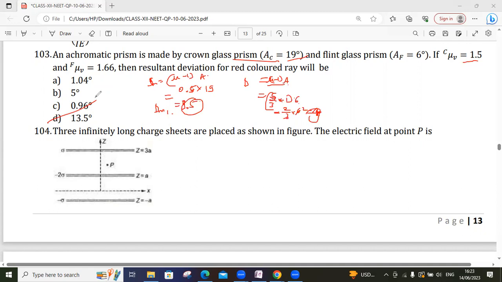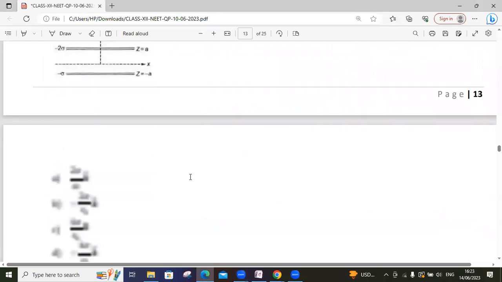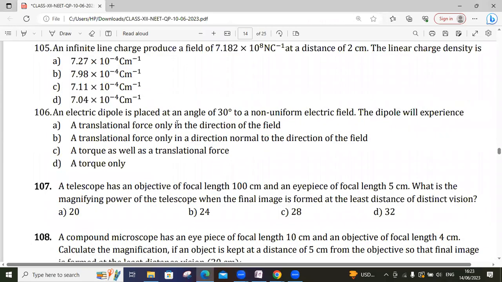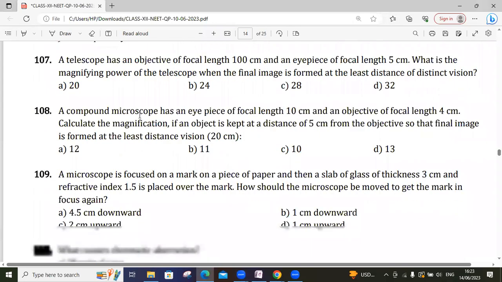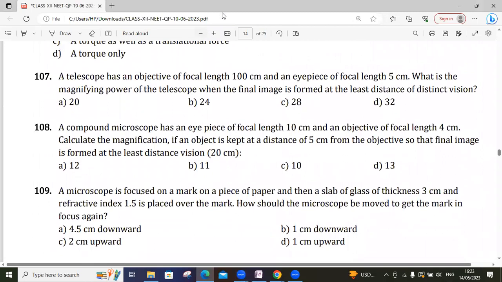Then next question is 107. So a telescope has an objective of focal length 100 centimeter and an eyepiece of focal length 5 centimeter.